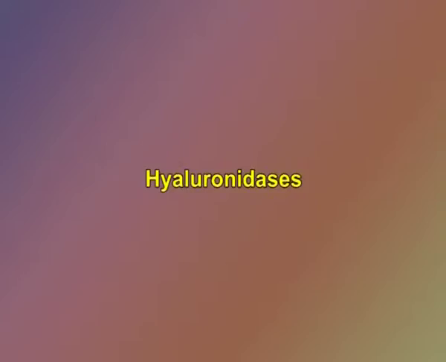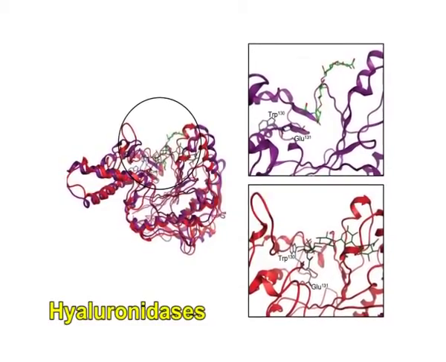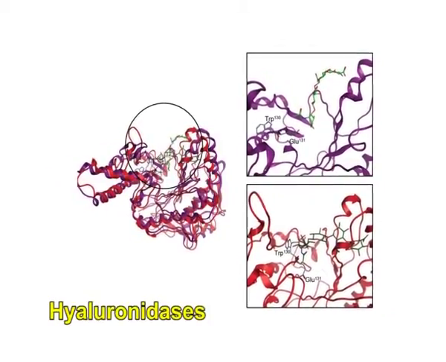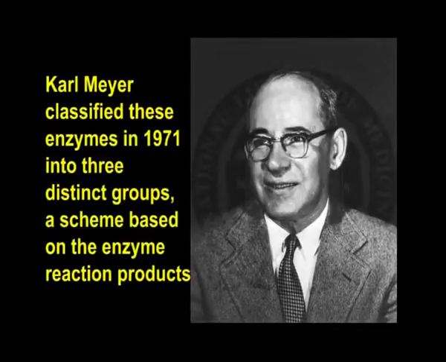Next module is study of different enzymes. We will start with hyaluronidase. Hyaluronidases are a family of enzymes that catalyze the degradation of hyaluronic acid, that is HA. Karl Meyer classified these enzymes in 1971 into three distinct groups, a scheme based on the enzyme reaction products.